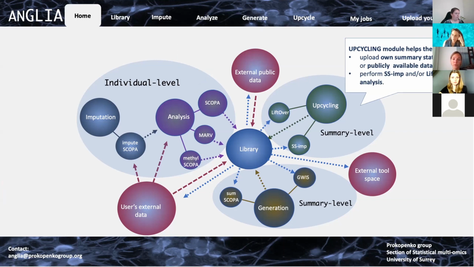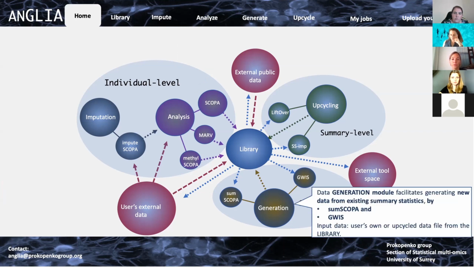And then there's also this upcycling data model. You put your GWAS summary statistics from HapMap, and it will upcycle it to the imputation density of HRC using SSIMP.